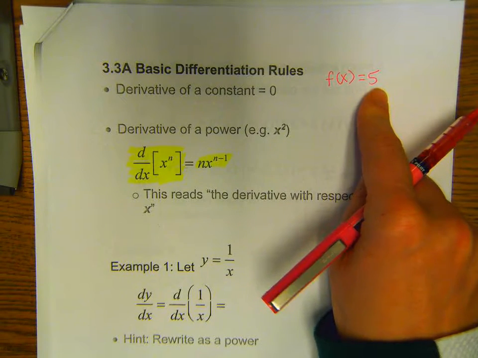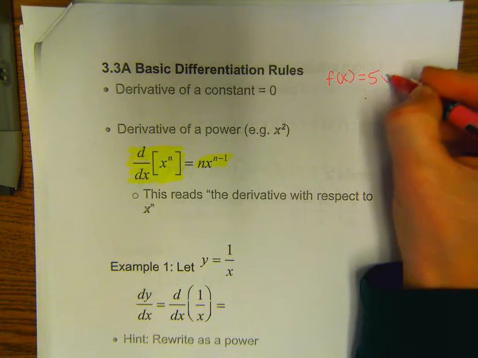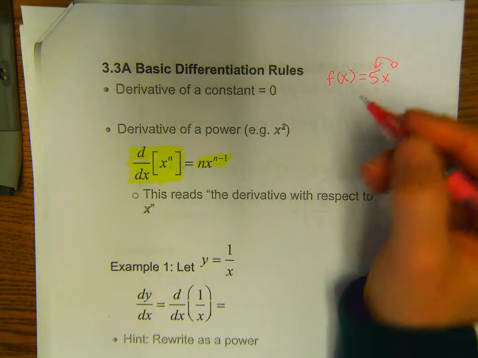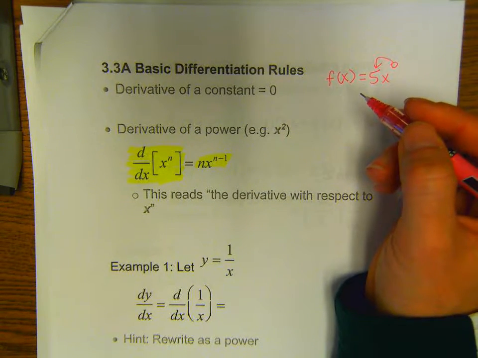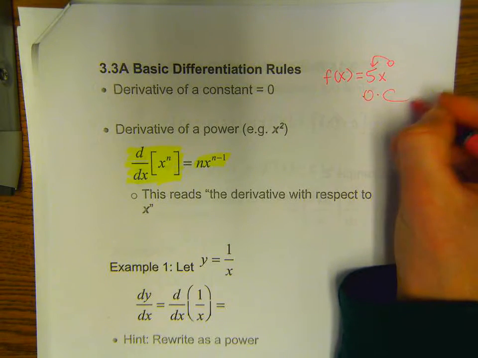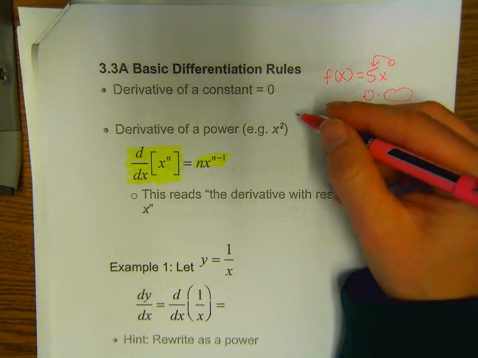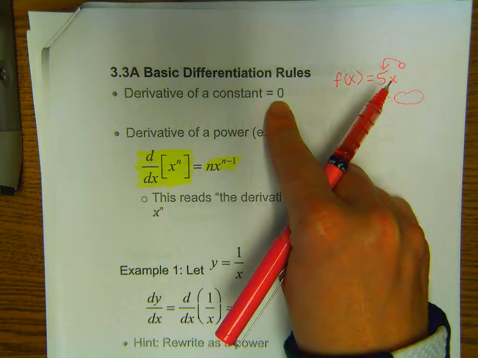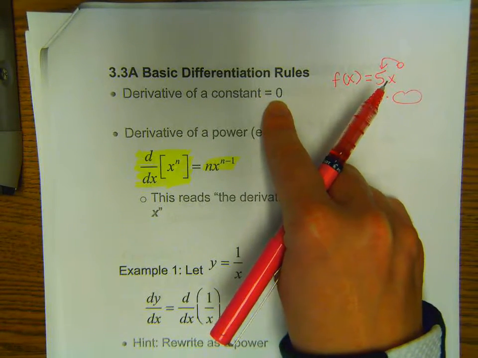Or you could think of it as this is x to the 0 power, and if the 0 came down, what is 0 times 5? 0, and it wouldn't matter what this was because that would be 0. But what you should understand is that a derivative of a constant, which means just a number with no variable behind it, is 0.